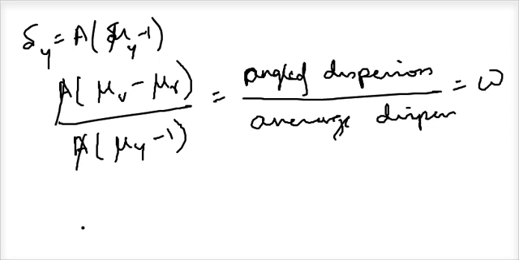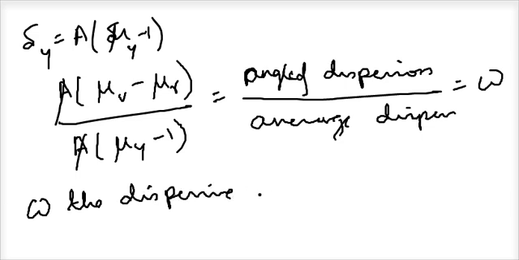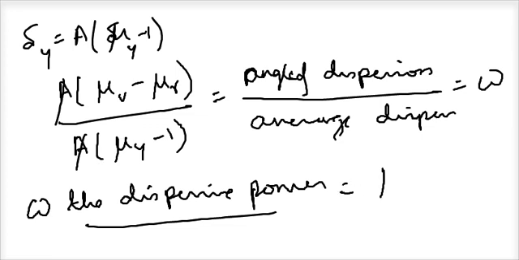The A's get cancelled and I get omega, the dispersive power. The dispersive power of a lens or of any material is a property of the material. It is not a property of the geometry. And this dispersive power is equal to (mu violet minus mu red) by (mu yellow minus 1).